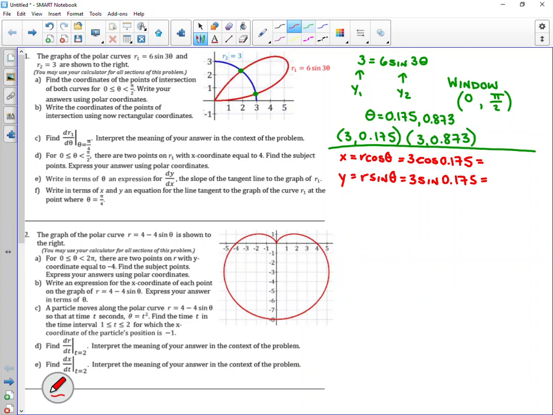I'm gonna need your help, guys, with this. Can we only do it for 0.175? No, we're gonna do it for both. What's the value of that?